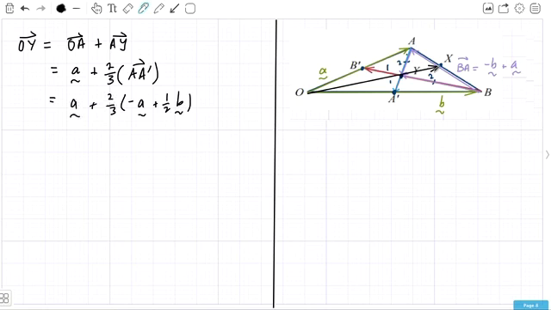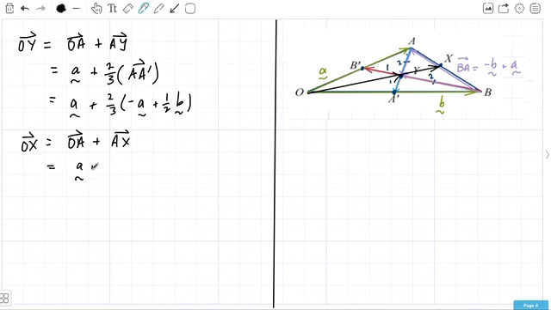The other thing I'm going to look at is O to X, which I've got there. So O to X you can again make by going along O to A and then going along this way, A to X. Now knowing that A to X is half of this vector, and you can see I've written what that vector is here, negative B plus A is that purple vector.